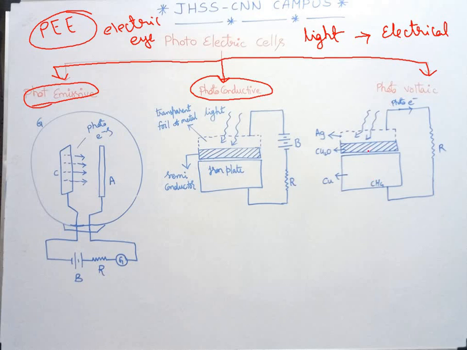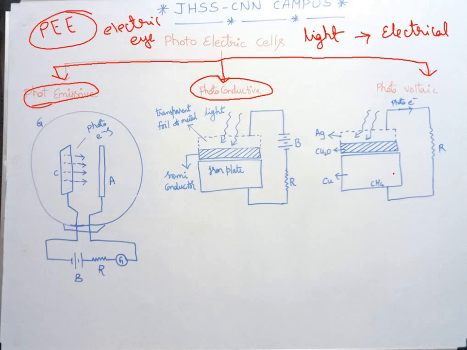The moment light falls, electrons start moving towards this, and this becomes positive, this becomes negative. Hence EMF is developed. So this behaves like a voltaic cell. If a conducting path is provided by the external circuit, current starts flowing in the circuit.